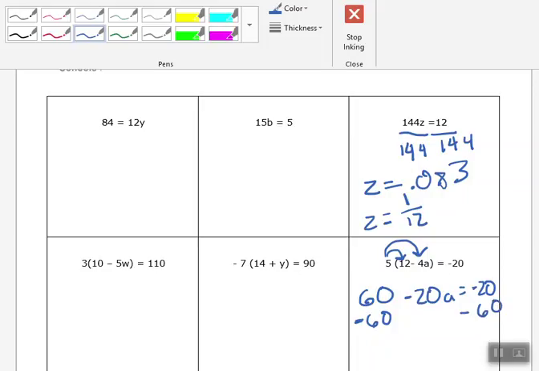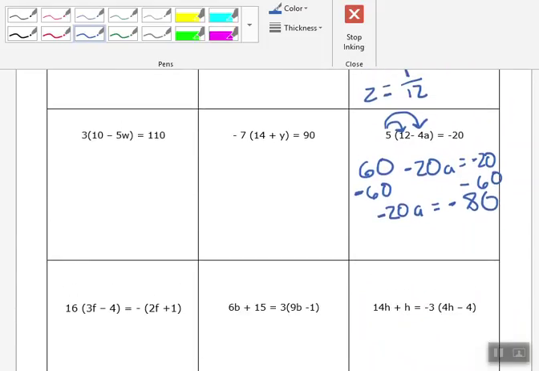So I have -20a is equal to -80, because when I have -20 and I take 60 more away, it just becomes more negative. Divide both sides by -20, and I have a is equal to +4, because -80 divided by -20 is negative divided by negative, which gives me a positive.